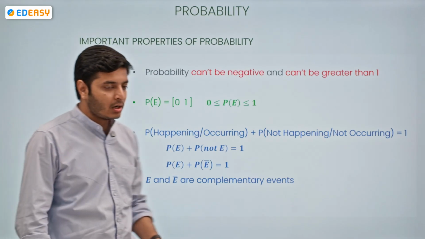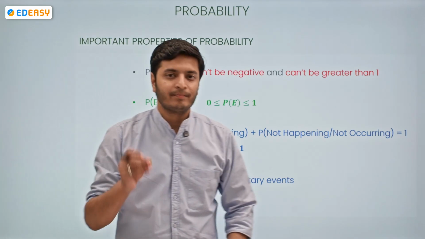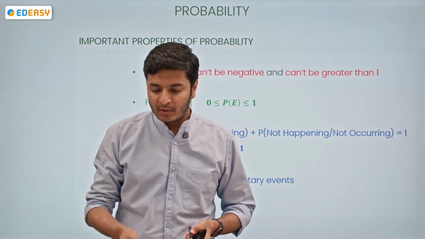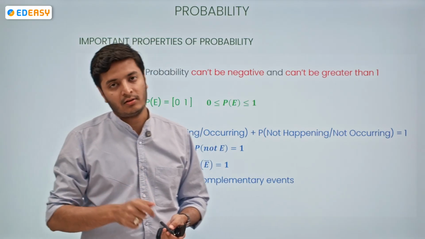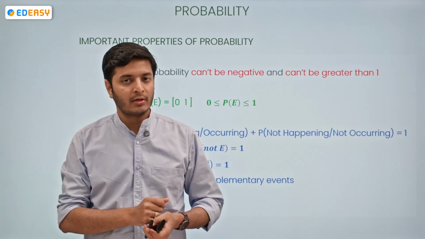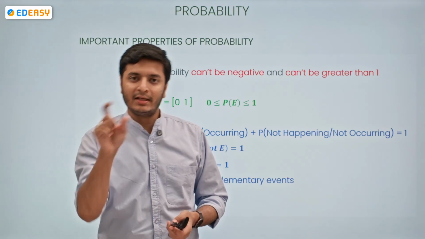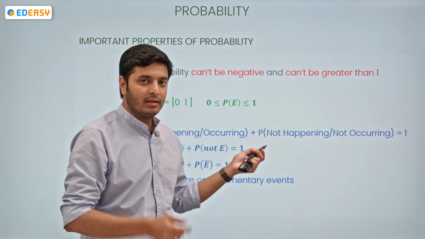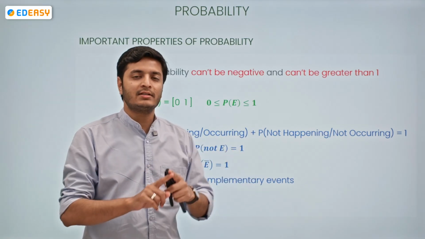Now, happening or occurring. There are two things. Suppose I'm tossing a coin, so there are two things. Either I'm going to get heads or tails, or in other words, I am not getting heads or tails. So either an event can happen or it cannot happen, correct? So the probability of getting a head plus the probability of not getting a head is always going to result in 1.